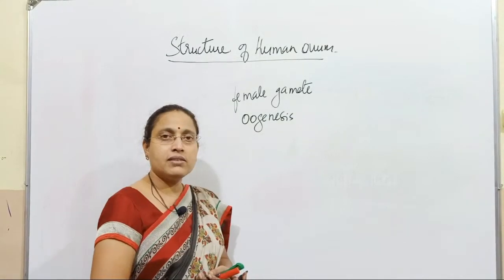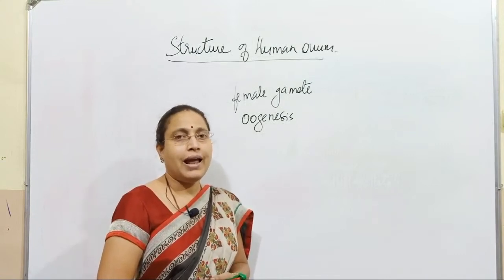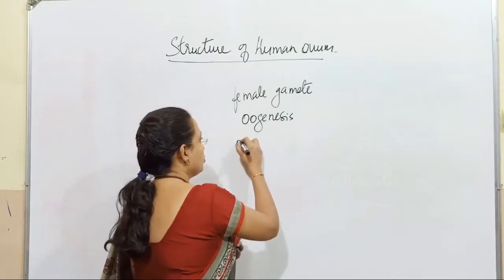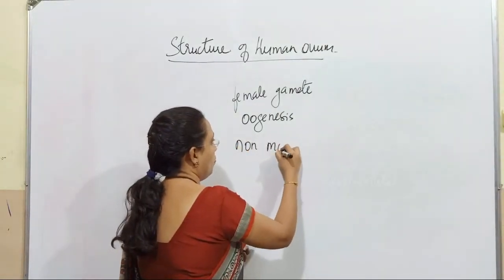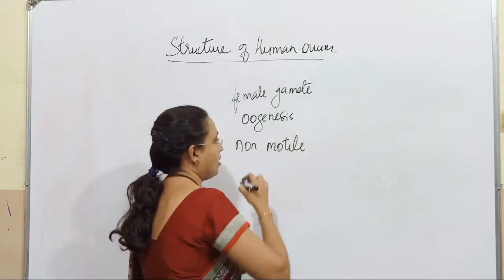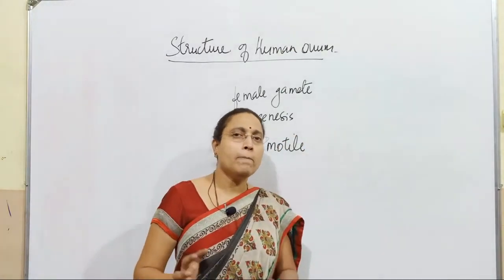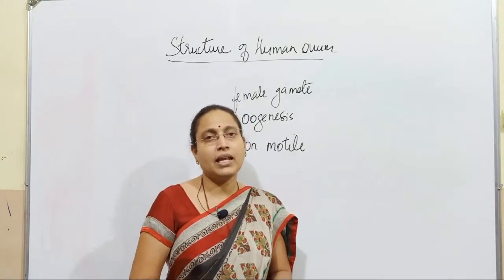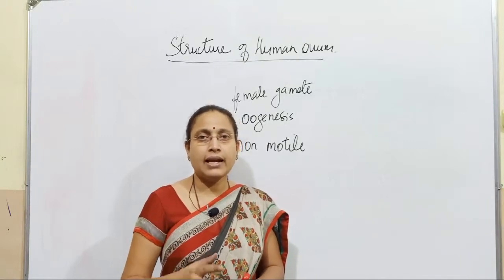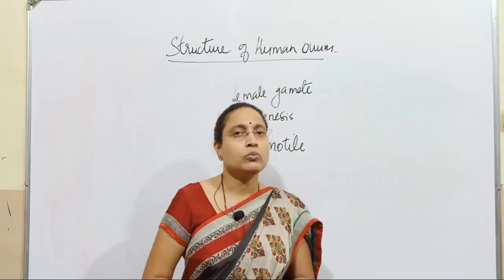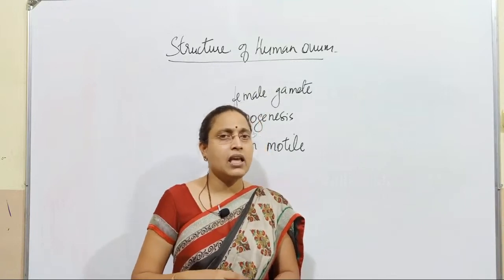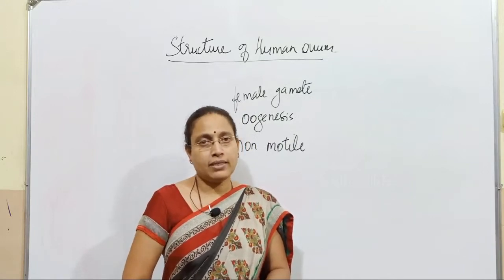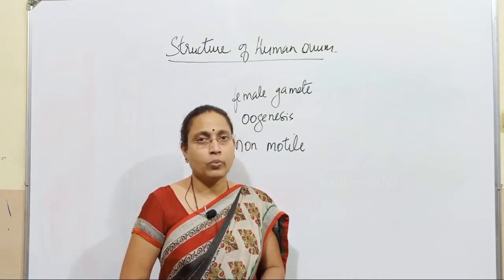The ovum of humans is non-motile, and therefore it requires support for motility. Then how does the ovum move in the fallopian tube? It is already explained. It is due to ciliary action in the epithelium of the fallopian tube, and second, the fallopian tube also has smooth muscles that exhibit peristalsis, which also supports the movement of the ovum. So both together help in movement of the ovum in the fallopian tube.